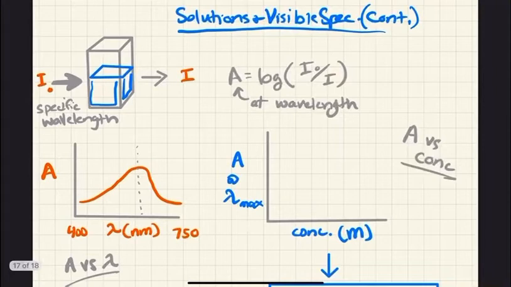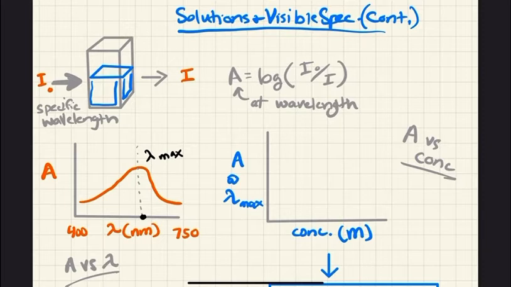And so if we scan through one wavelength at a time and look for whichever wavelength will give us the highest amount of absorbance, that will actually tell us what wavelength gives the most sensitive measurements. And so we call that point the value of wavelength with the highest relationship to absorbance, the lambda max for a specific compound.